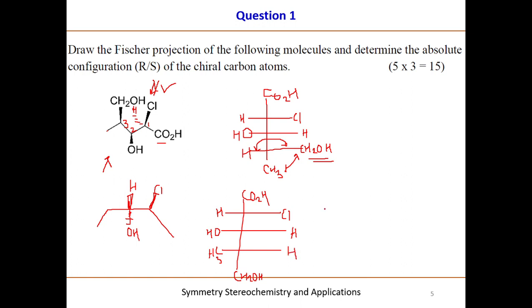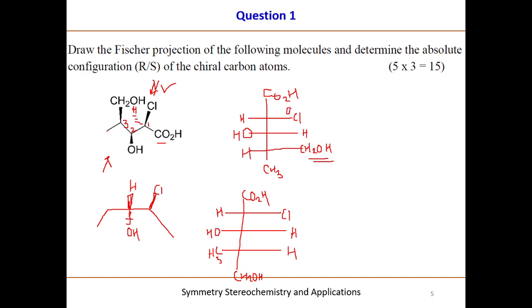Now we have to check the stereochemistry, the absolute configuration, of both the molecules here. So for the first carbon, the highest priority group present is halide, halogen.